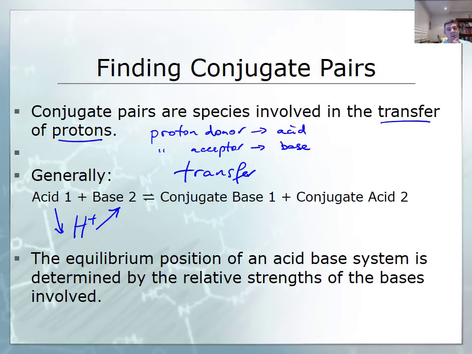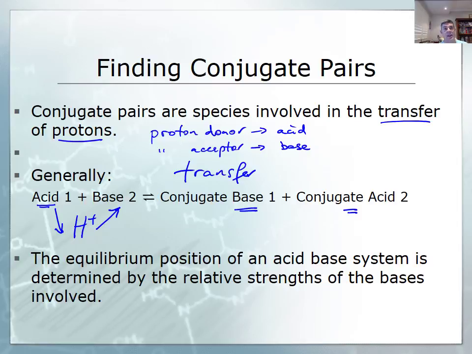As soon as that happens, the acid is going to leave behind a base, that is, a substance that has lost a proton and hence has the capacity to accept one. And our base is turned into a conjugate acid, that is, a substance which was able to accept a proton and is now able to donate a proton.